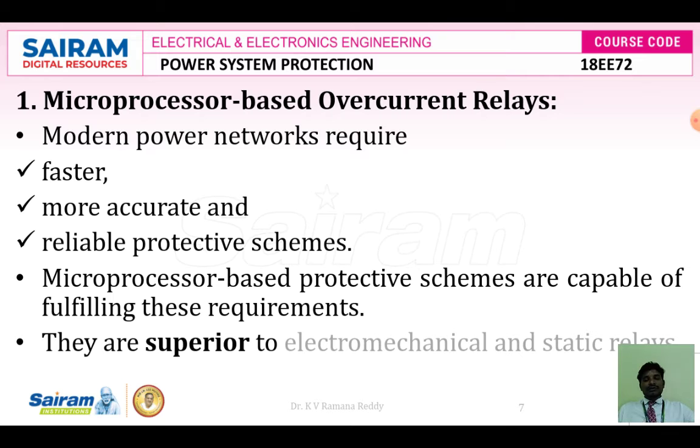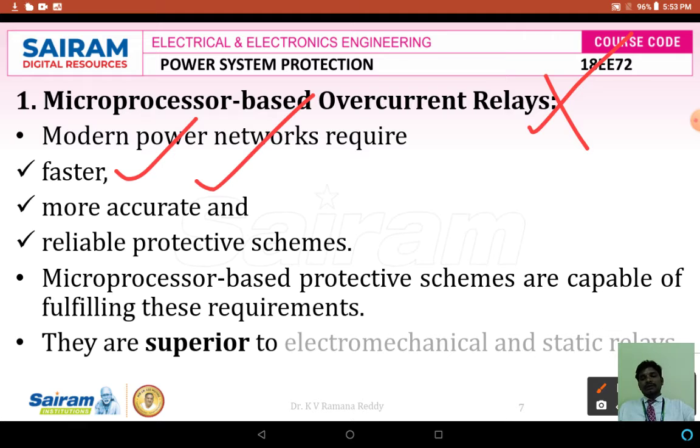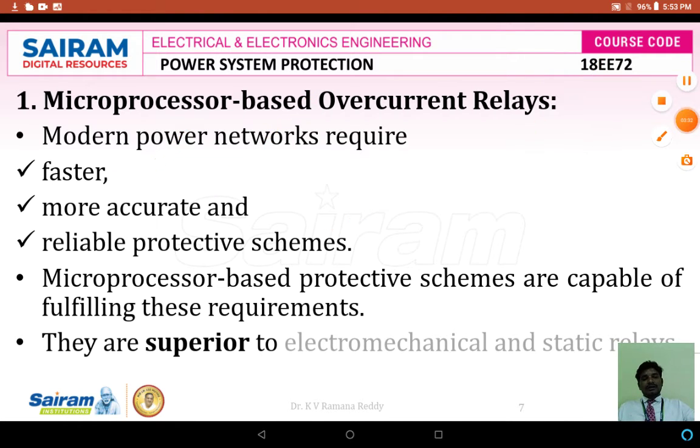Let us discuss the first high-end technology of numerical relays, which is called microprocessor based overcurrent relays. It is a modern microprocessor based overcurrent relay, used for modern power networks for the purpose of a faster, more accurate, reliable protective scheme, because a microprocessor functions very fast and is accurate and highly reliable.